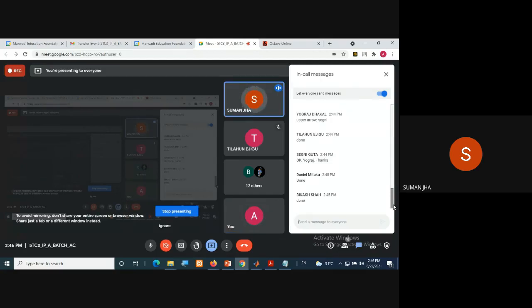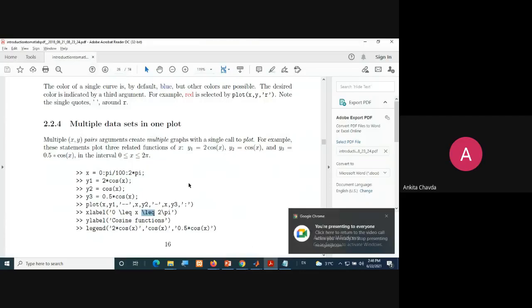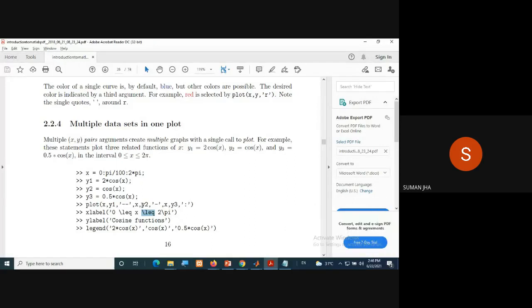The first one, x comma y1, is dash dash, and the second one, x y2, is dash, and I don't have the third line. I have only two lines. You are having it maybe, but it is a very light yellow color, so you are not able to see it clearly. Maybe. Yeah, ma'am, I'm seeing it now. Okay.